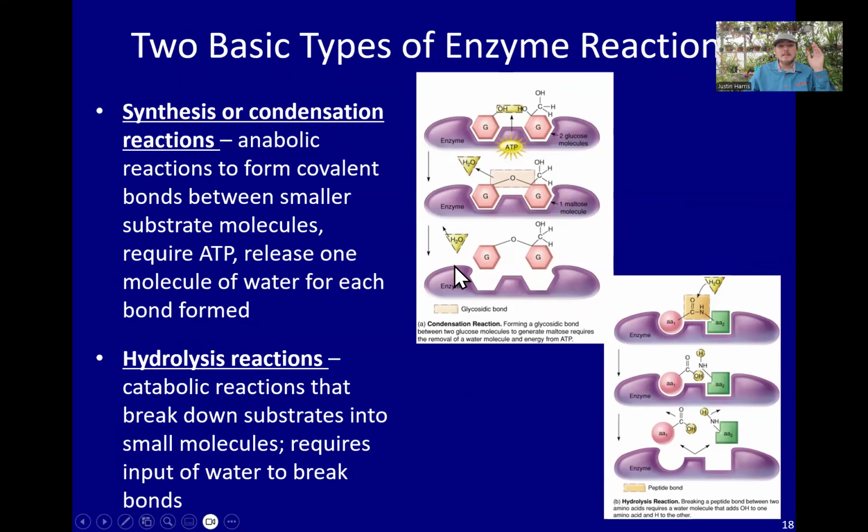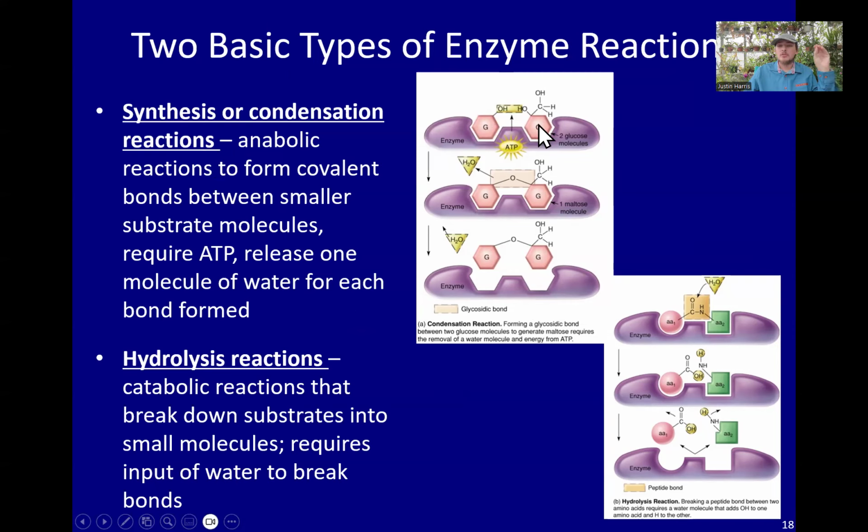And so enzymes, we're going to talk about condensation reactions real quick. Enzymes can either do phosphorylation, or they can do what's known as condensation. And we're going to talk about how it takes the water from two substrates, pulls it out, and forms a bond between them.